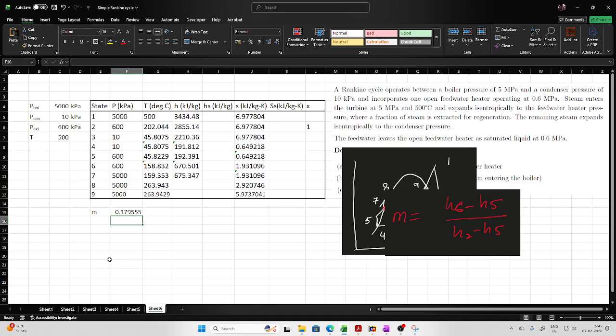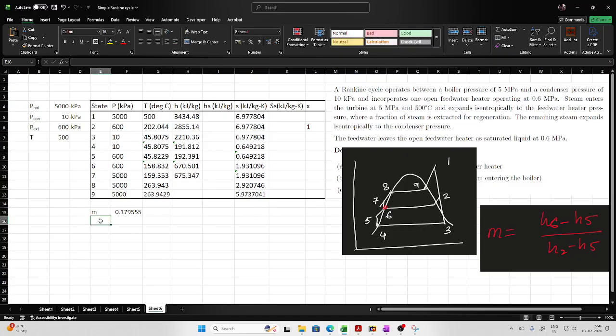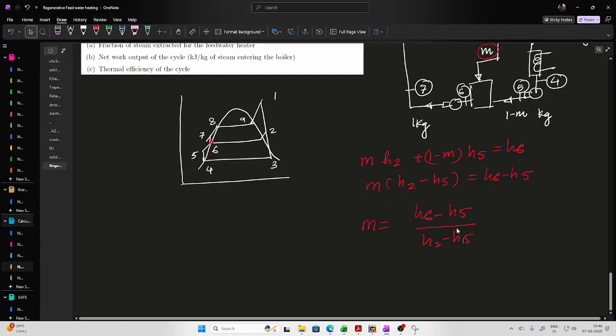That's it. Once this has been done, you have to tell what is the work output of turbine. It will be 1 kilogram for this one. Let us also write this: 1 times (H1 minus H2) plus (1 minus M) times (H2 minus H3).